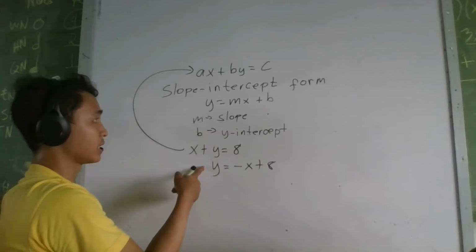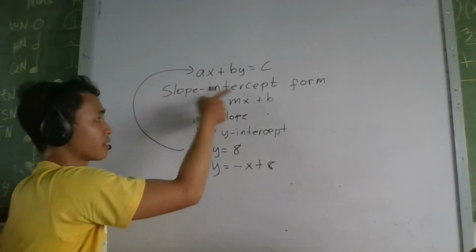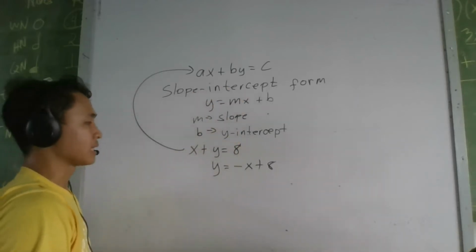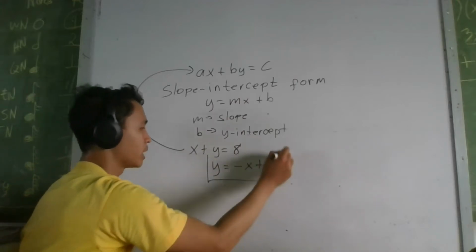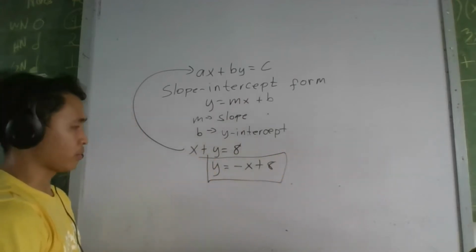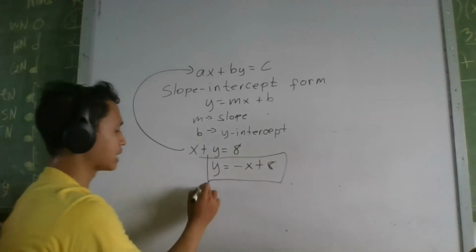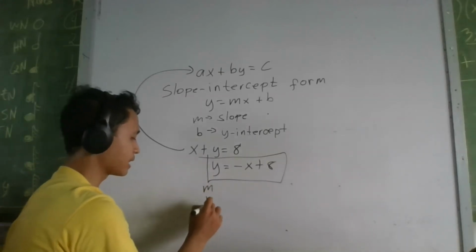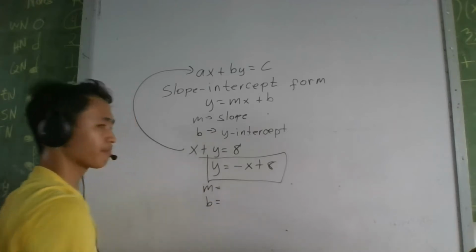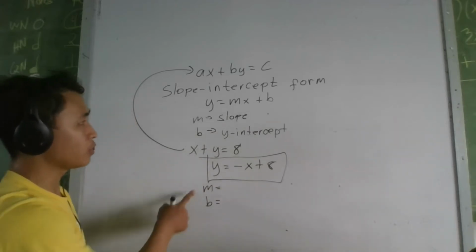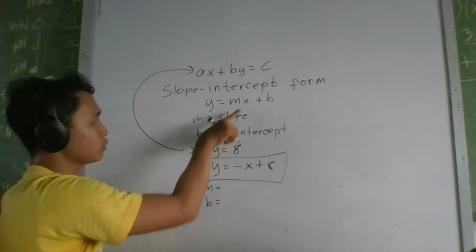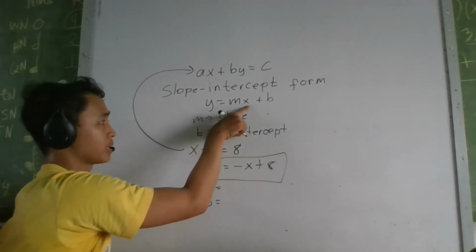Now, is it in the slope intercept form na ba or hindi pa? Yes, it is, na, because y na lang yung natira sa kabila. So this is the slope intercept form. Now, given this form, what is the slope and what is the y-intercept? Tandaan nyo lang yung pattern na yung slope natin is yung katabi ng x. Ano yung katabi ng x dito? That is m.